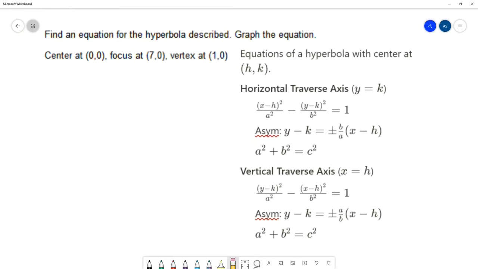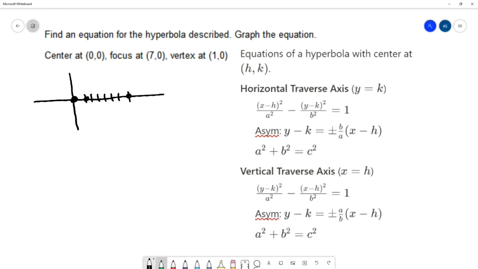So the first thing I like to do is to figure out the orientation. So I'm going to draw a little sketch of the information that I've been given. I was given a center at (0, 0), a focus at (7, 0), and a vertex at (1, 0).